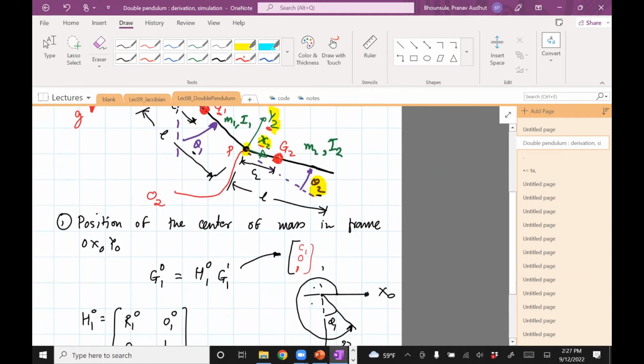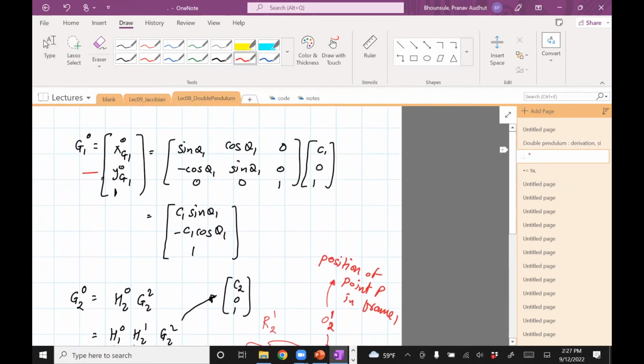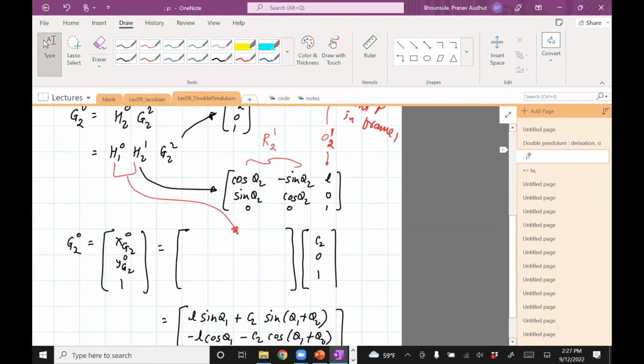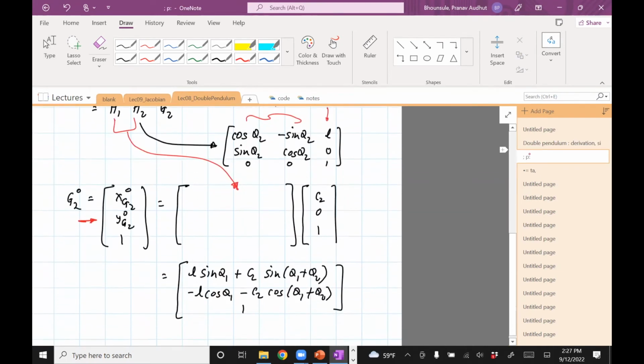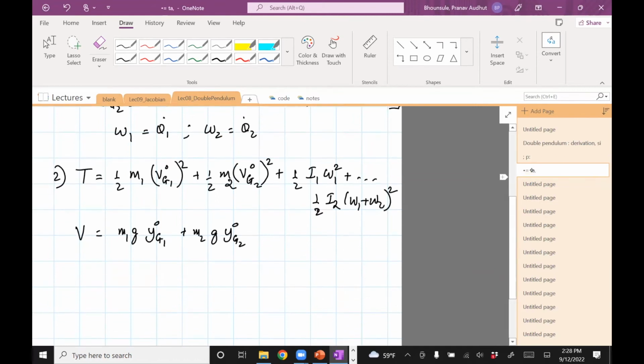Those have already been computed: yg1 is right here, yg2 is right here, essentially the second row. So I just substitute that inside this equation.